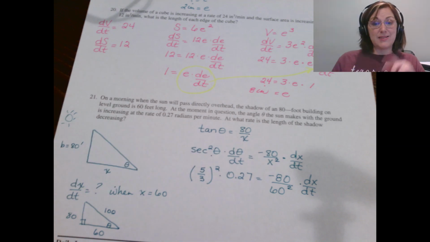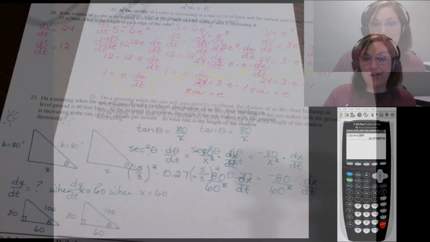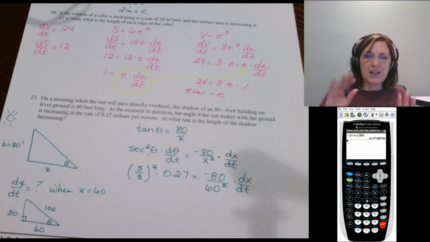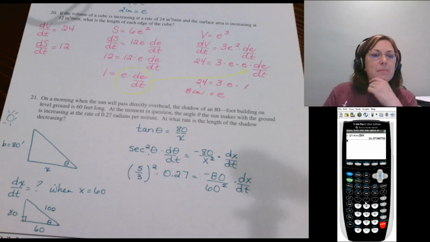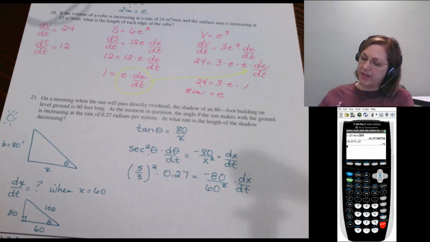Now, because they used a decimal, that leads me to believe that we can use our calculator. So I'm going to switch over to my calculator on this one. I don't really like that 5/3 part, but let's see what happens. I've got 5/3 being squared, and then I'm multiplying by 0.27. Oh, good, that came out nice.